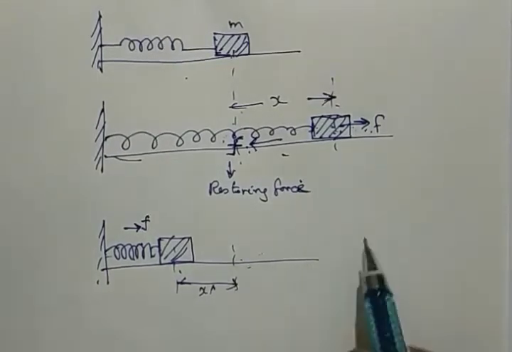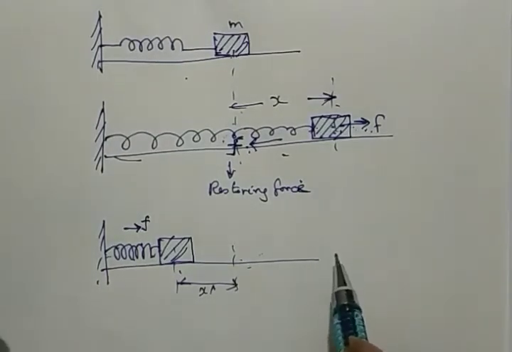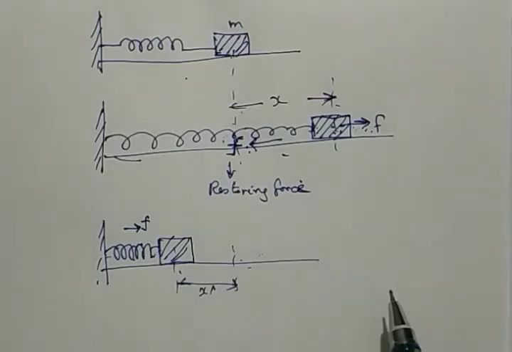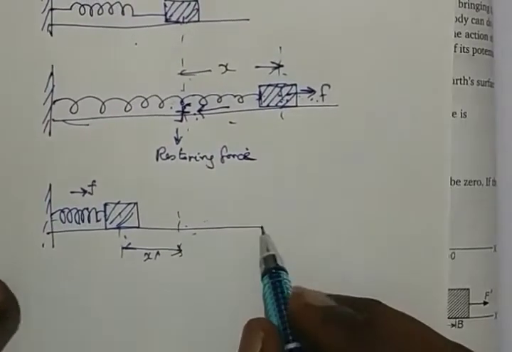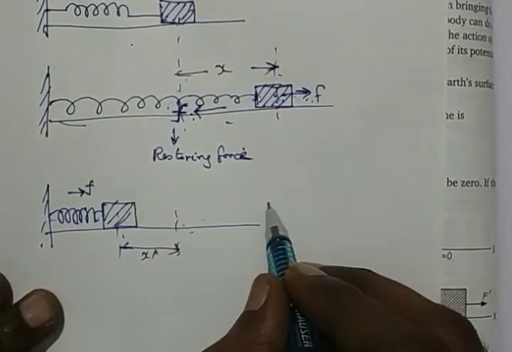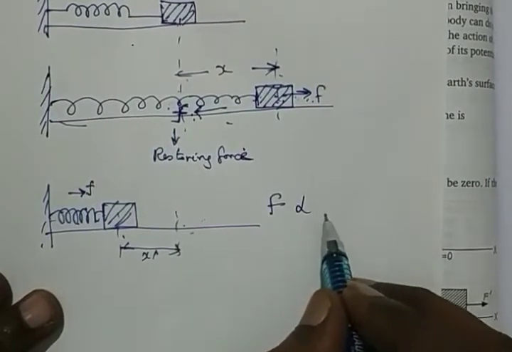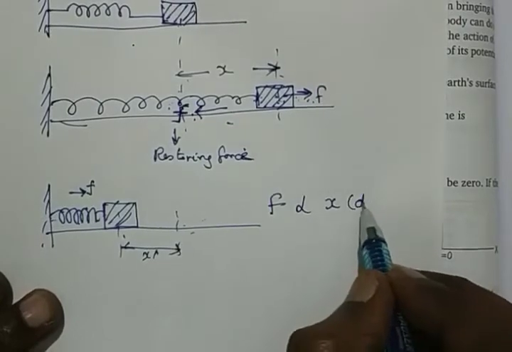So you can write down: when the spring is displaced and there is a change in the position, a restoring force acts on it to bring the spring back into its original position. Restoring force F is proportional to displacement.